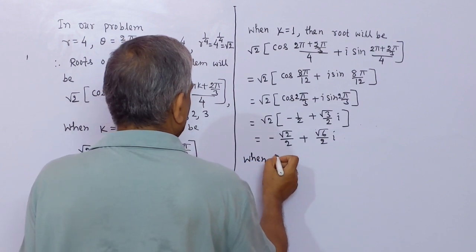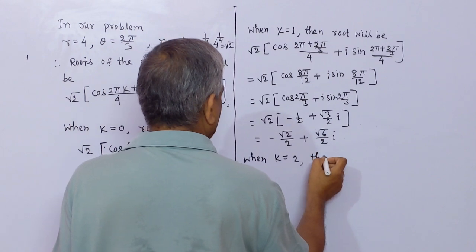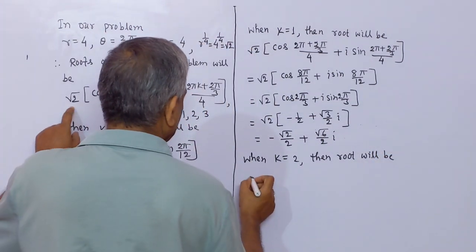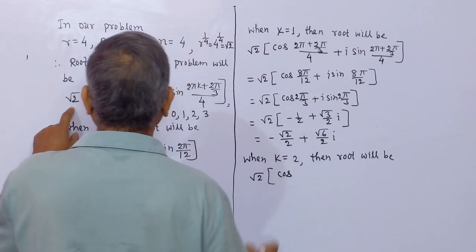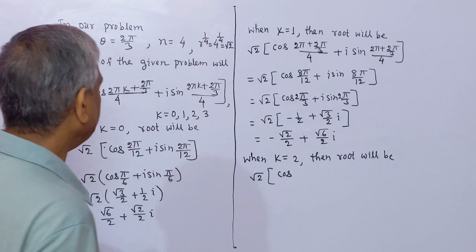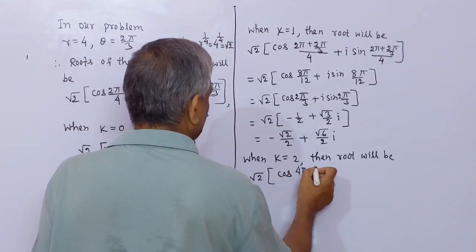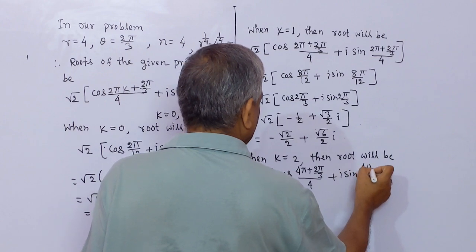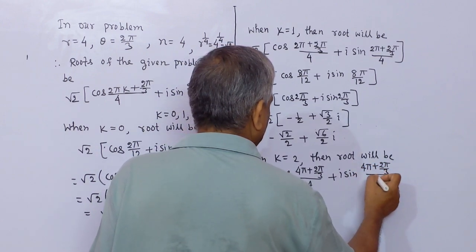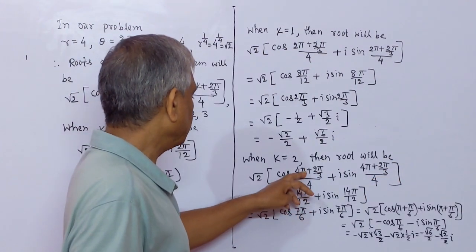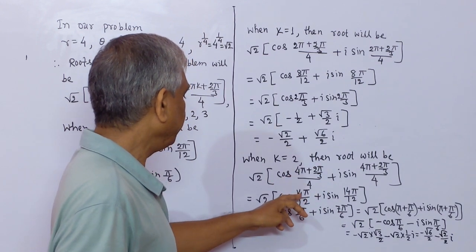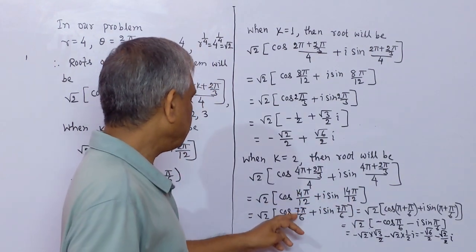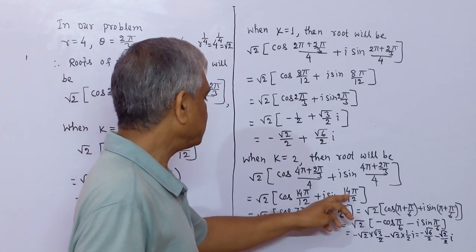When k equal to 2, then root will be here square root 2 cos, here k equal to 2 means 4 pi plus 2 pi by 3 by 4 plus I sin 4 pi plus 2 pi by 3 by 4, and this is equal to 4 3s are 12, 12 plus 2, 14 pi by 12, cos 14 pi by 12 plus I sin 14 pi by 12, and this is equal to 7 pi by 6.